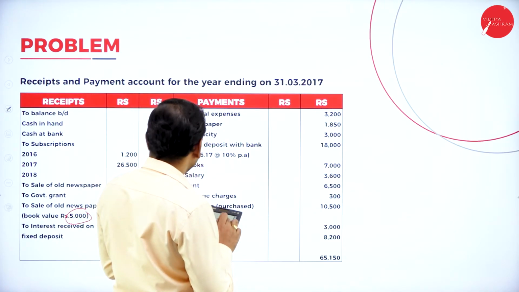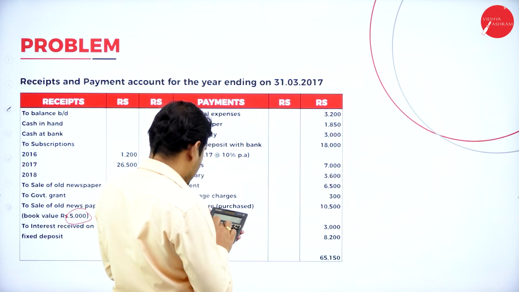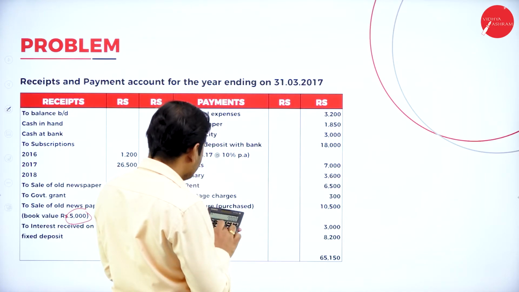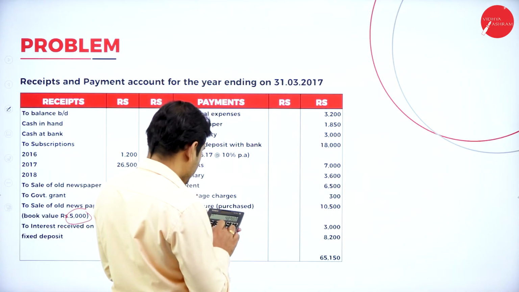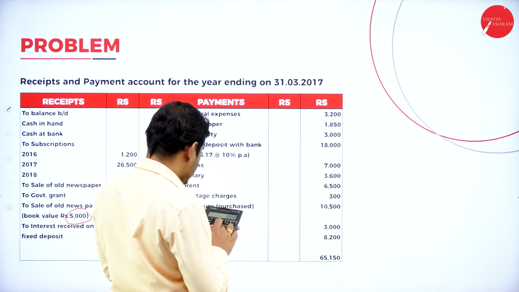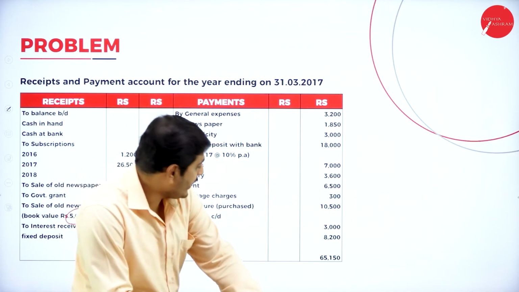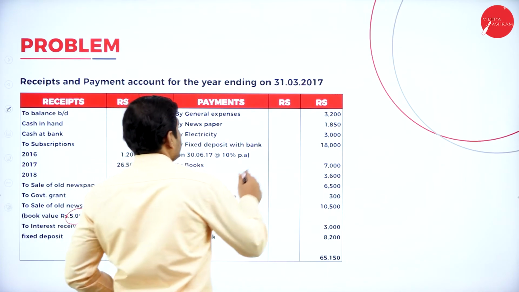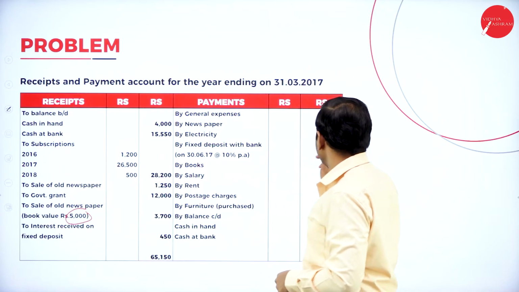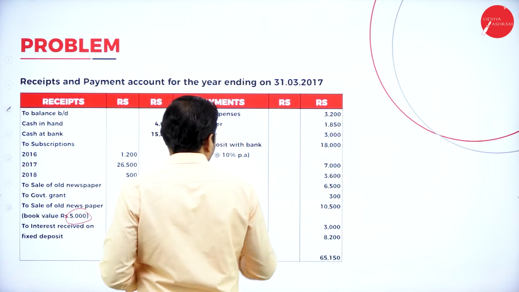Let's go to the credit side. 200, 1,850 plus 3,000 plus 18,000 plus 7,000 plus 3,600 plus 6,500 plus 3,000 plus 10,500 plus 3,000 plus 3,200. So both the sides are correct. The problem is correct. Now payment side: general expenses payment is 3,200, newspaper 1,850, electricity 3,000, fixed deposits with bank 18,000.